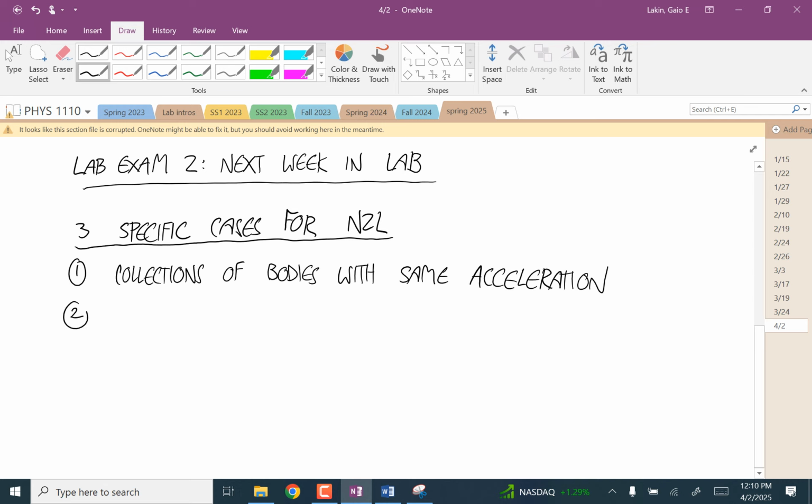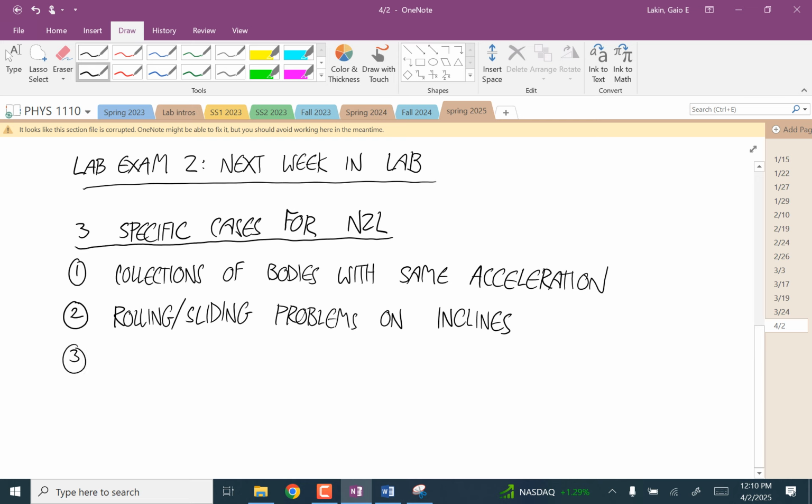The second one is rolling and sliding problems on inclines.